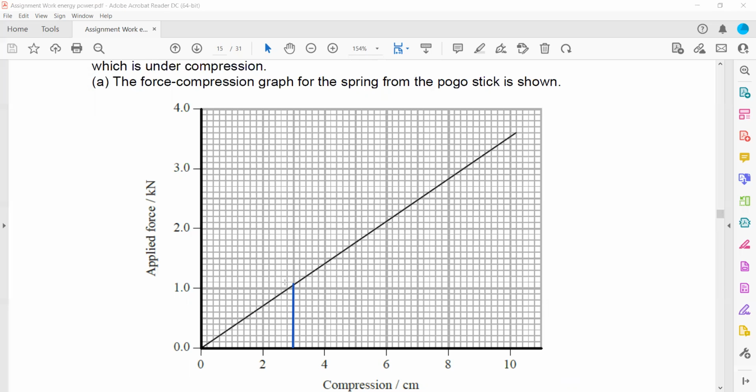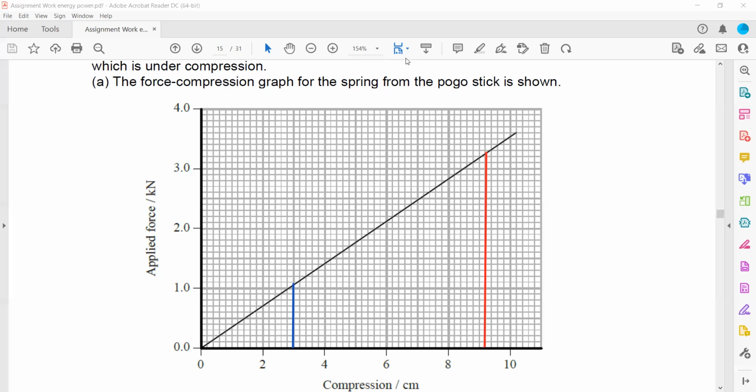So already spring is compressed 3 centimeter. When the child pushes the spring, it further compresses 6 centimeters. So total spring, how much is it compressed? To 9 centimeter.